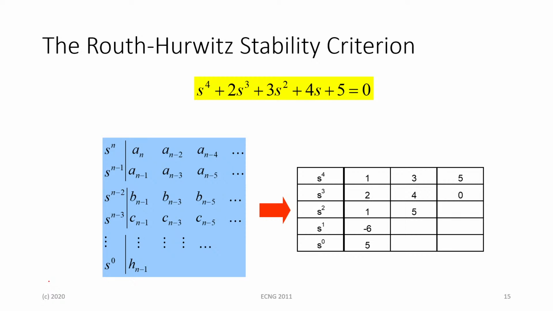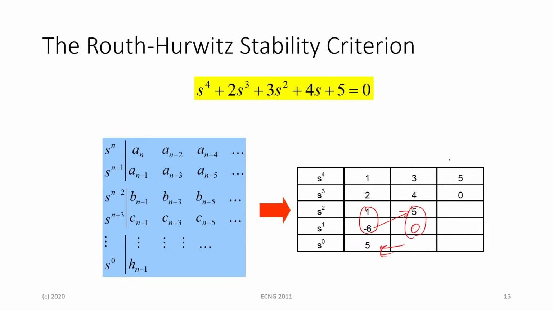Then, because we have our s to the minus 1 coefficient here, our last step here is to get our s to the 0 coefficient. And we're calculating for this here, we're going to be using the two values right above it, and then these two values here. And because this here is blank, that's just going to be 0.